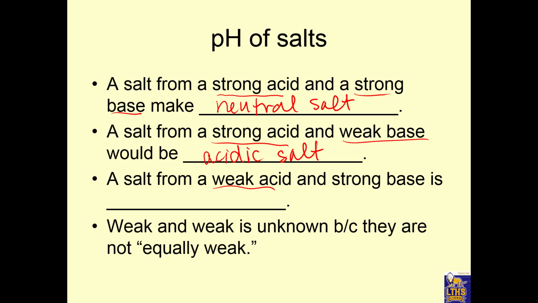A salt from a weak acid and a strong base is going to make a basic salt. So, what if a salt comes from a weak acid and a weak base? Well, they're not equally weak, and they have different Kas and Kbs, so we don't know with that one. This is unknown. But these ones, we can show the work for and test.